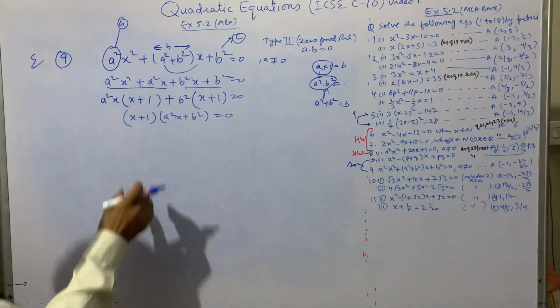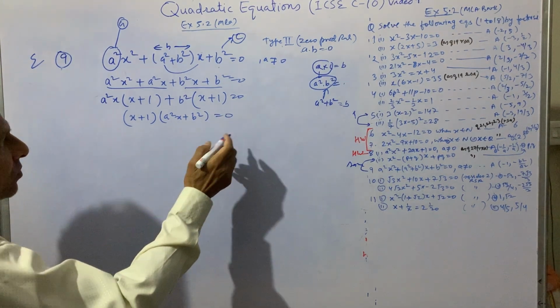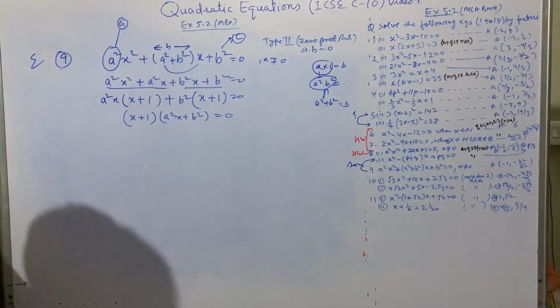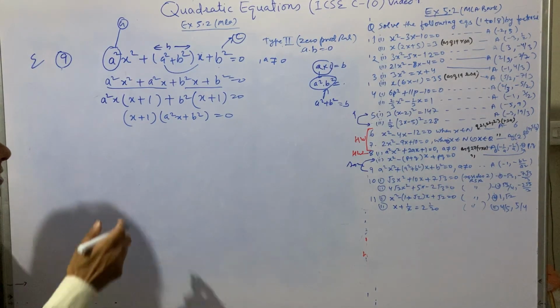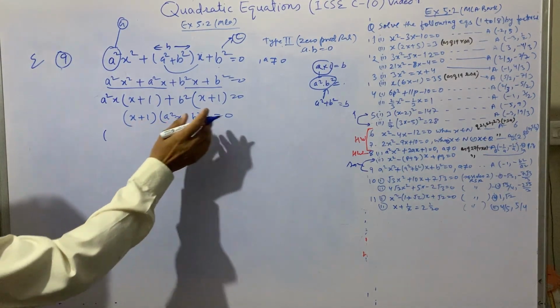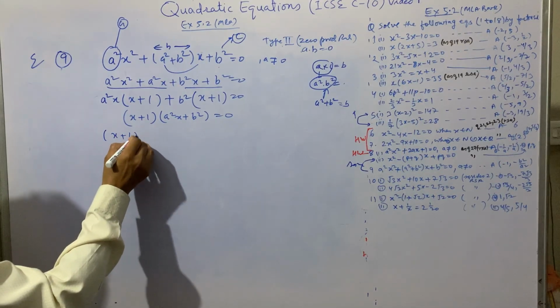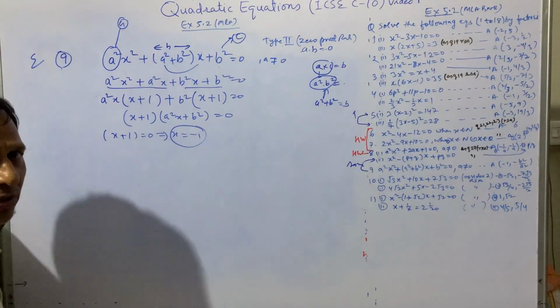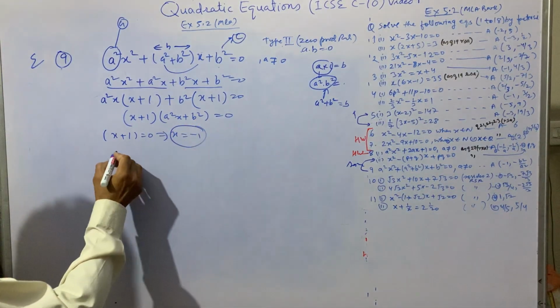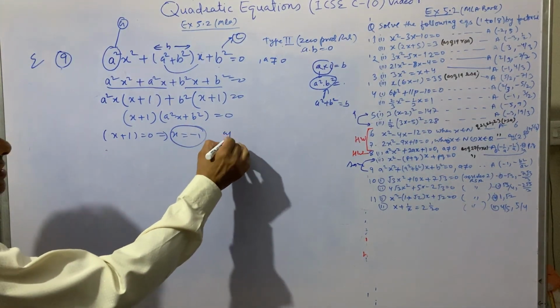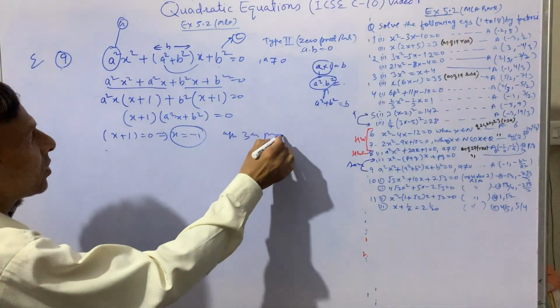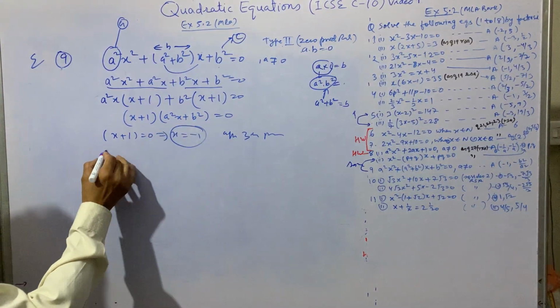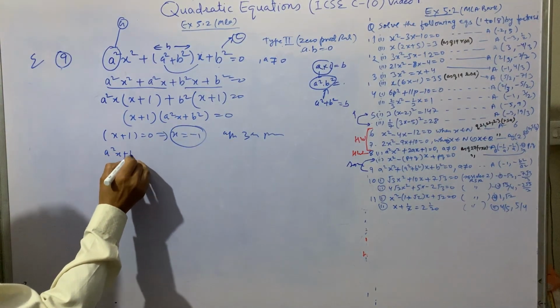Now this becomes a dot b is equal to 0 form, and that means the zero product rule can be applied to it. So taking this a part to 0, x plus 1 is equal to 0, we are getting x is equal to minus 1, one solution we got, and the other one b is equal to 0, applying the zero product rule and taking the rest part.